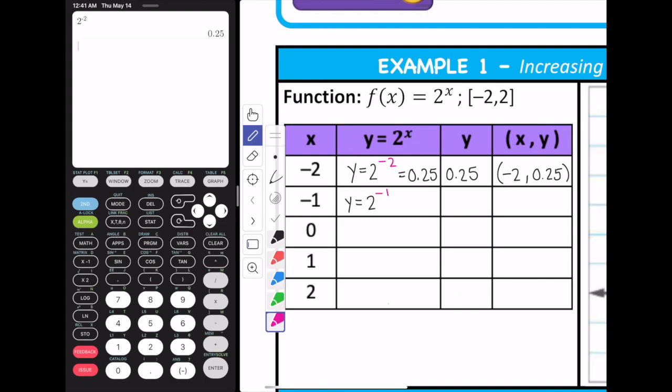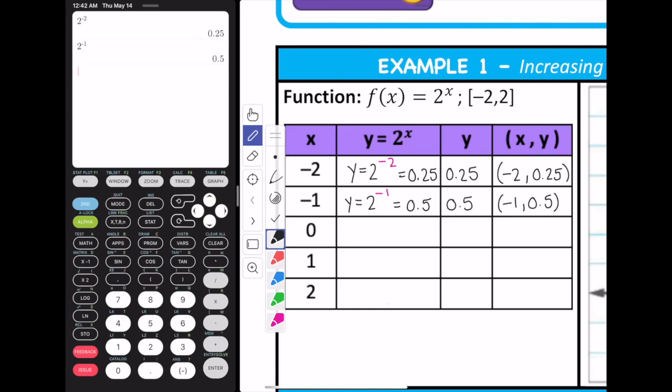So in the calculator, just typing in what comes after the equal sign, I'm going to hit 2, press the caret so that I get my exponent, type in -1, and then press enter. And it gives me that y equals 0.5 when x equals -1. So I have my y value here, and I'm going to write it as a coordinate pair.